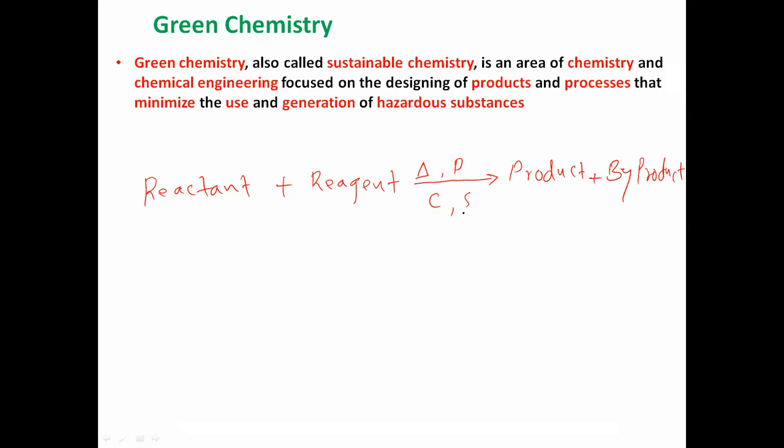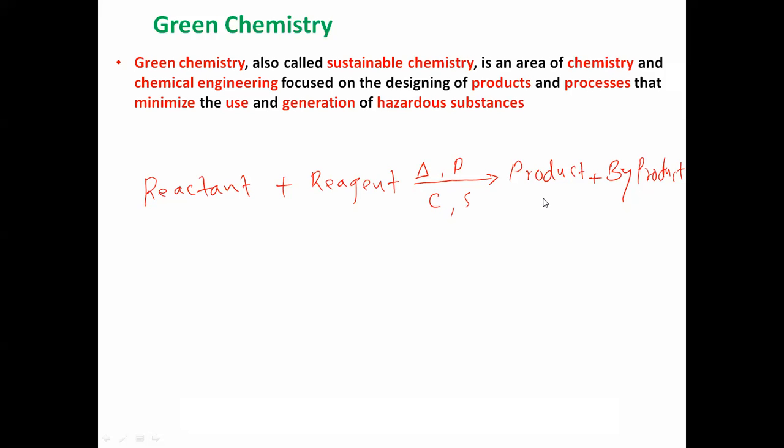This is the common structure of any organic chemical reaction. Okay, you must be knowing this. Reactant plus reagent after heating, maybe cooling or under pressure, in presence of catalyst may or may not be, and solvent. These are the reaction conditions.